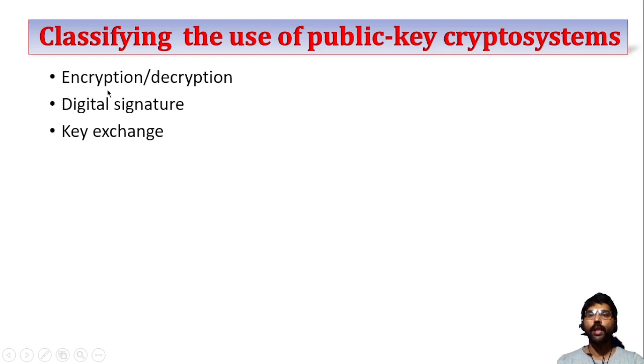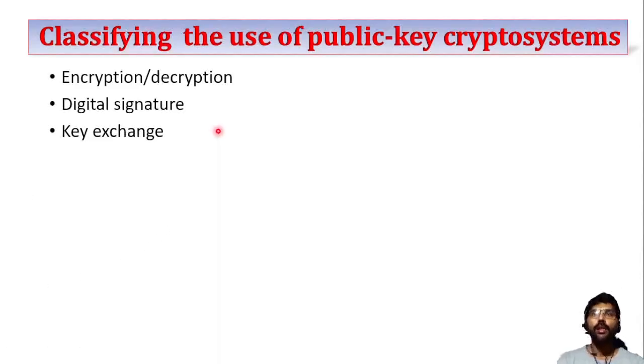The first one is called encryption and decryption. Now if the sender wants to send a confidential text, to be read only by the receiver, he has to encrypt it in such a way that no opponent can read that information.